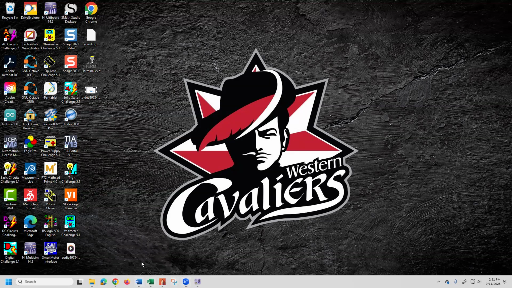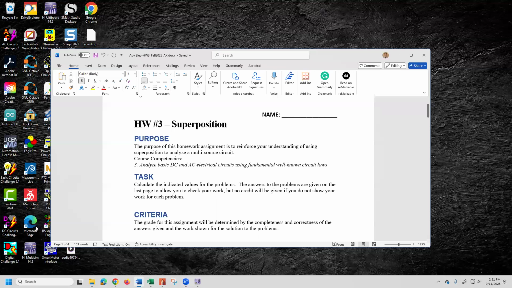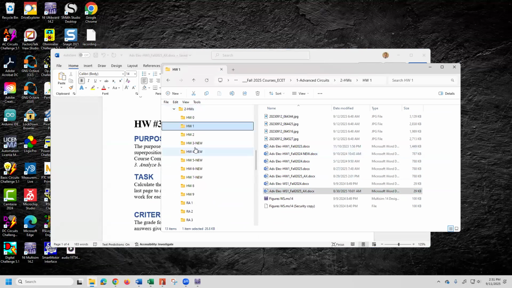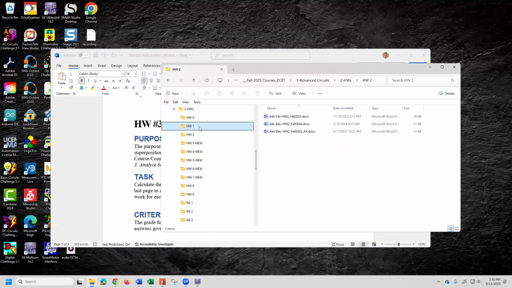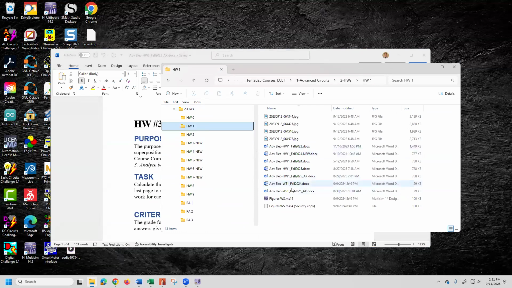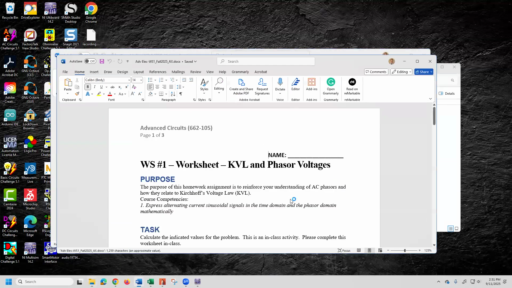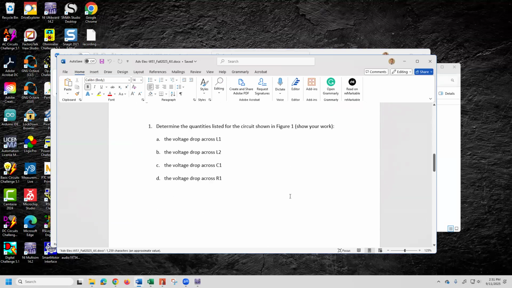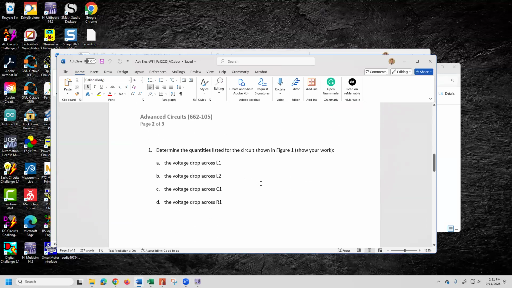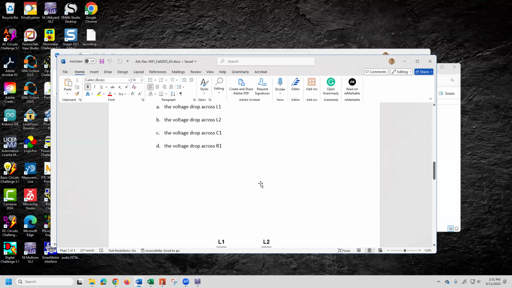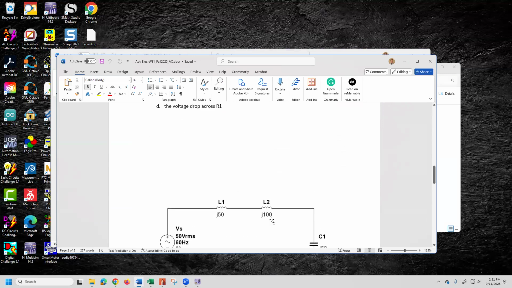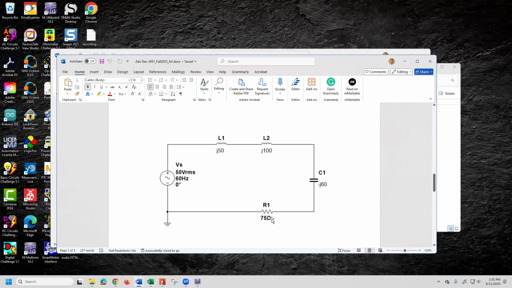I need the worksheet. I think it's in here. Worksheet 1 right here. Basically, you want to find the voltages across each one: L1, L2, C1, R1, R2. Okay, so let me draw this.